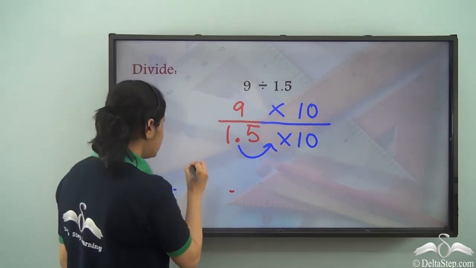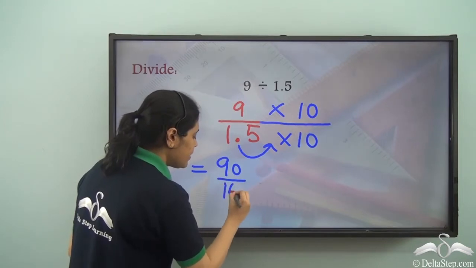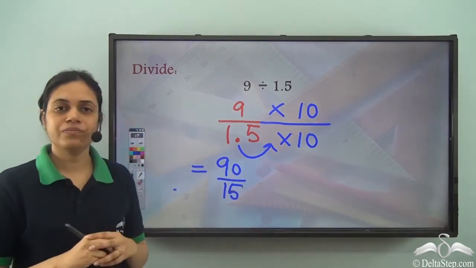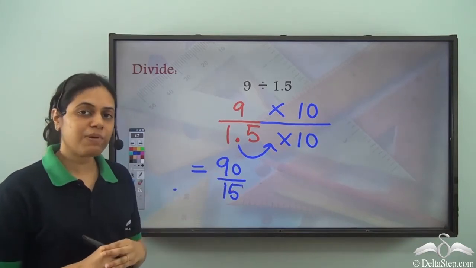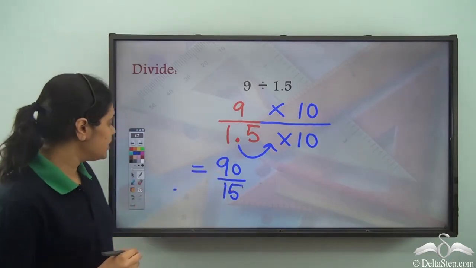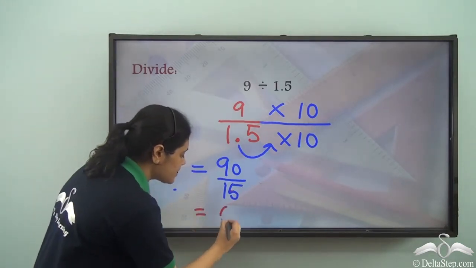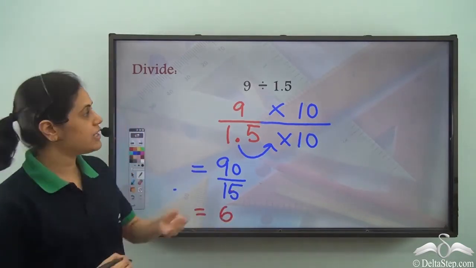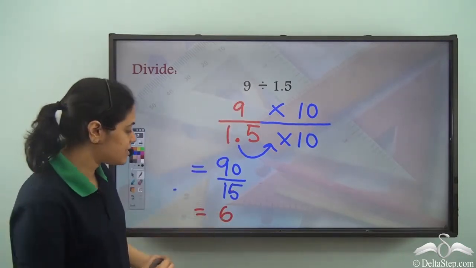So now this becomes 90 divided by 15, and this is now a normal division. 90 divided by 15 gives us 6. So the answer is 6. 9 divided by 1.5 is 6.